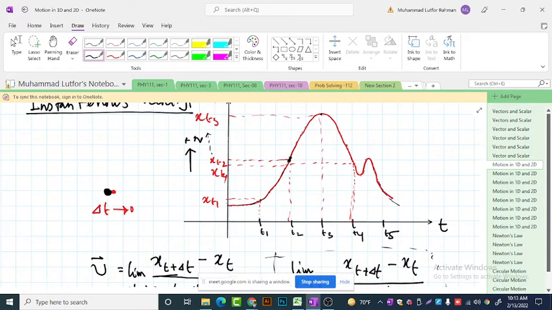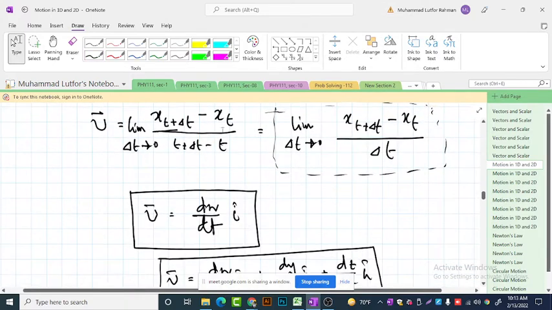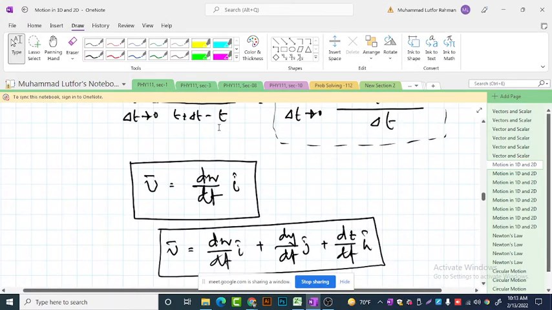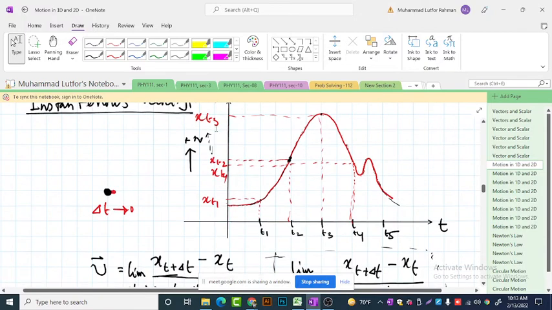Now how am I going to explain this from this curve, the position versus time graph of your car? By the tangent line? Yes. Now if you look at this curve, I defined the velocity as dx over dt, right? This is the velocity. Now what is dx over dt from this curve?